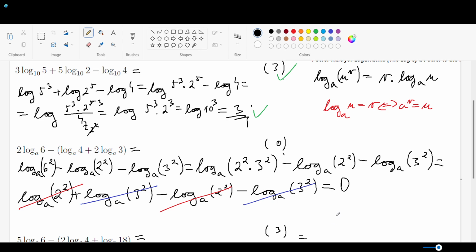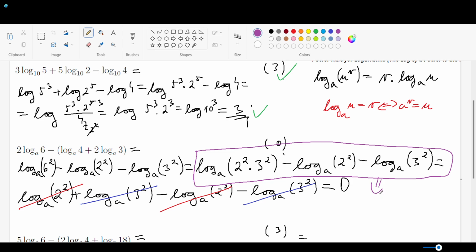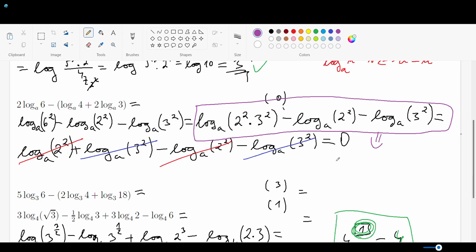I am pretty sure that you could maybe find the solution a different way, because this one can be very easily written as logarithm base a of 2 squared times 3 squared over 2 squared times 3 squared, because for this part of the numerical expression you applied the quotient rule.